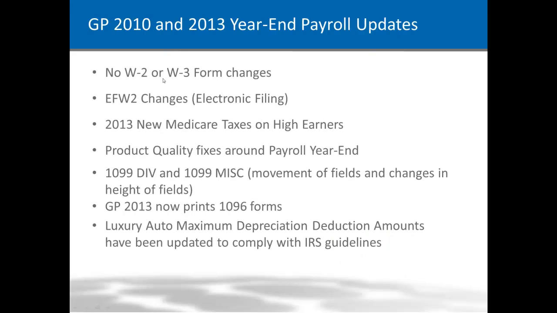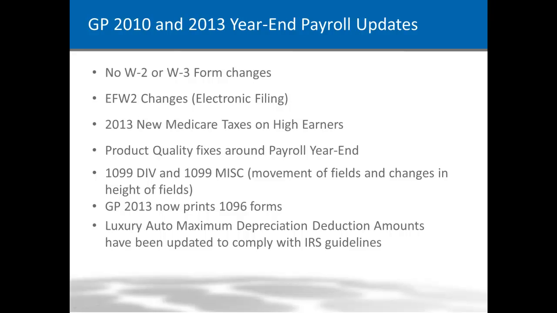For the payroll updates, there are no W-2 or W-3 form changes. The electronic filing W-2 does have some changes. In 2013, the new Medicare taxes on higher earners were changed. There are product quality fixes around payroll year-end.